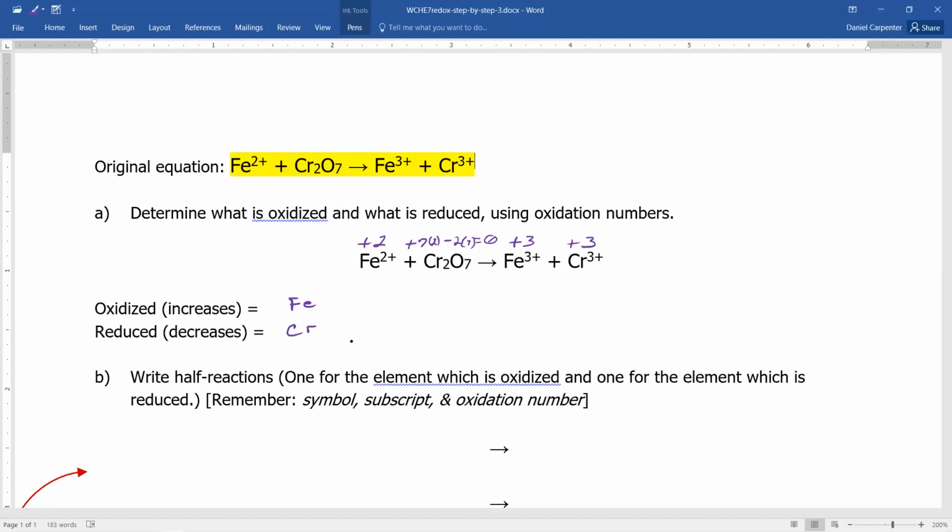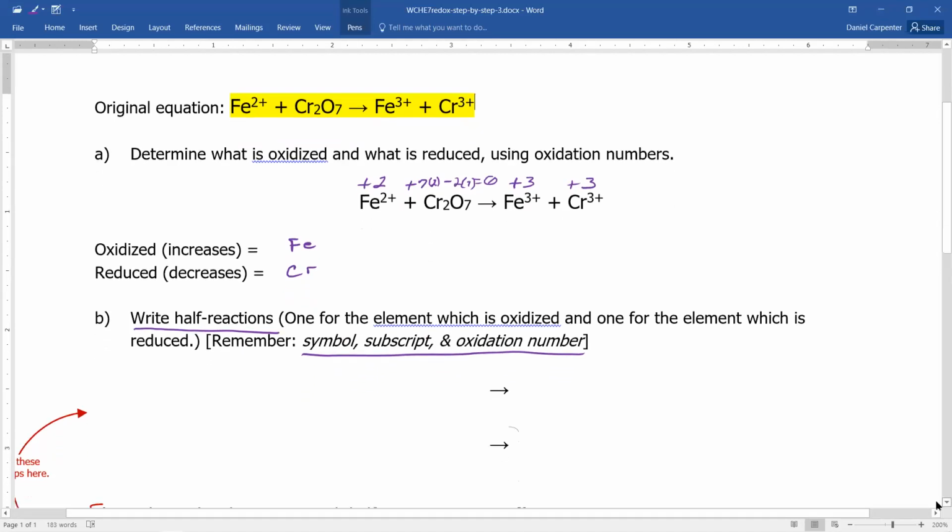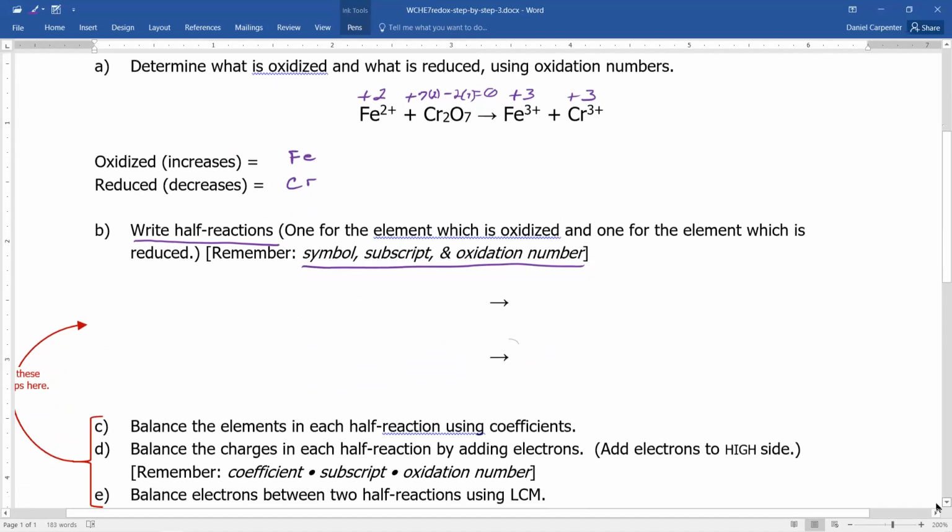Now at this point, I'm going to wait for a minute for you to catch up. I mean, to get ahead, and then I'll write down the answer for the next step, and you can see how you did. We are writing the half reactions. There will be 2 of them, so there's 2 arrows. Remember, you need the subscript, symbol, and oxidation number for the elements in each.